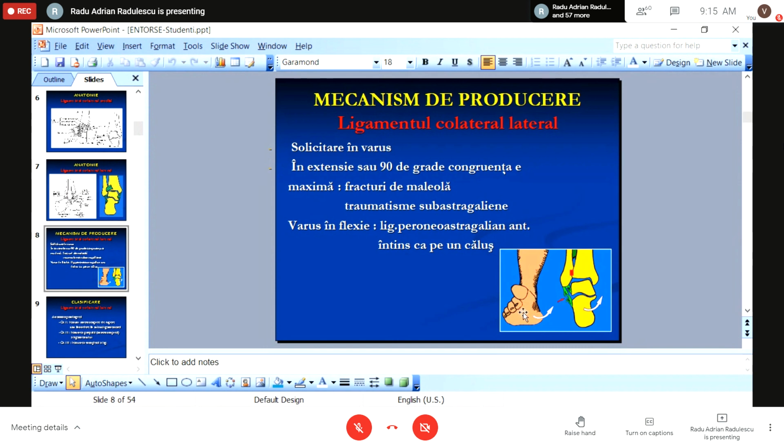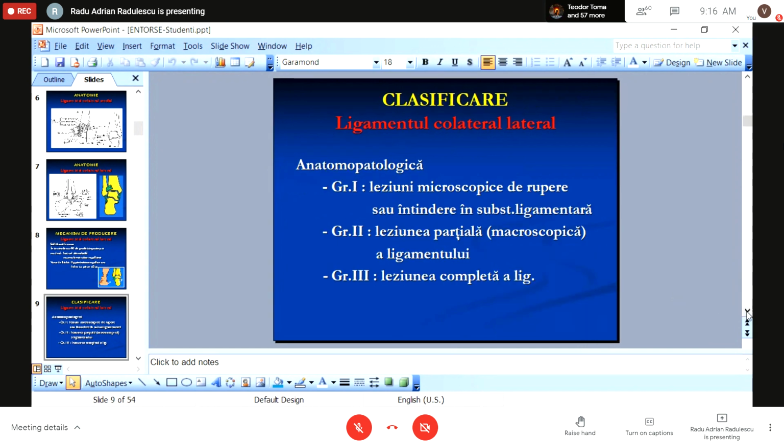So it may be forced in, that's the most frequent mechanism, a varus position. In this position, we may get a sprain, which means a lesion of the lateral collateral ligament, like we can see here, or a fracture of the lateral malleolus. That depends very much on the associated position of the ankle at the time of the trauma, and of course the strength of the bone. I've already mentioned osteoporosis.